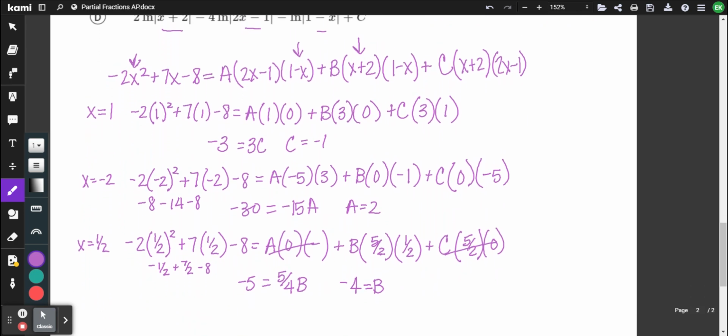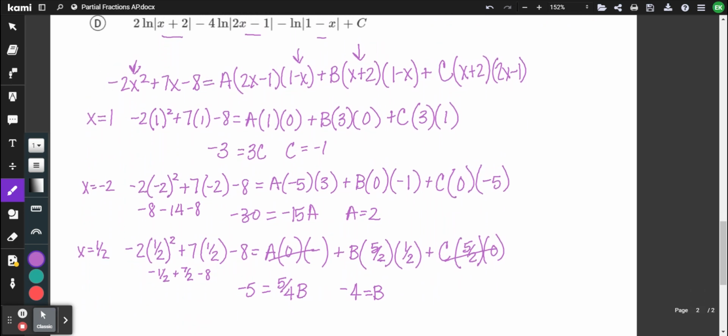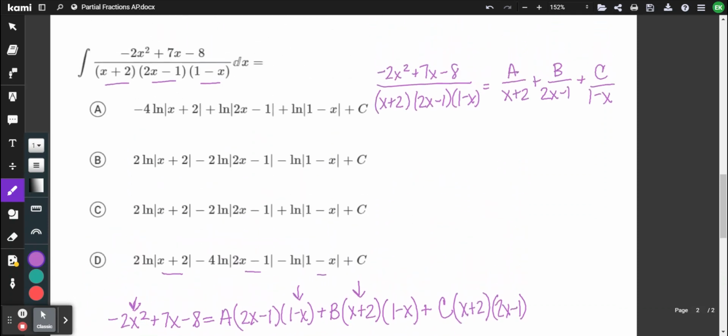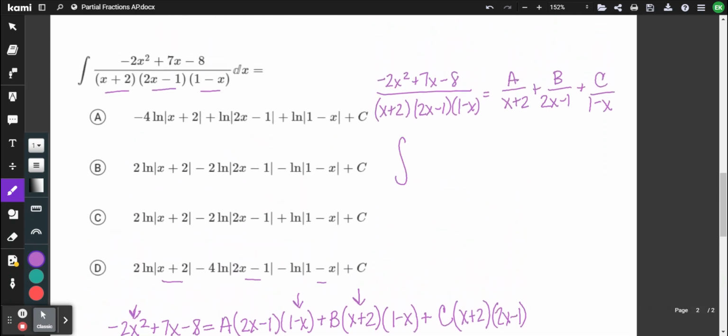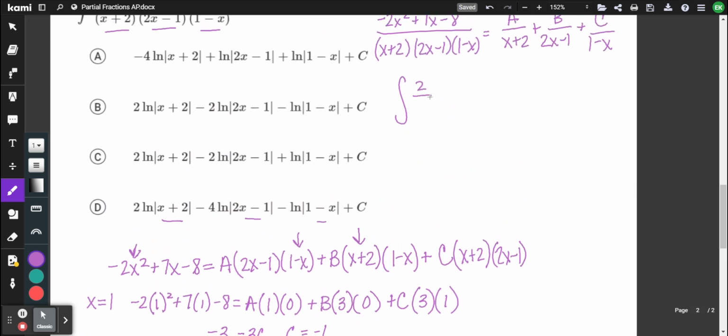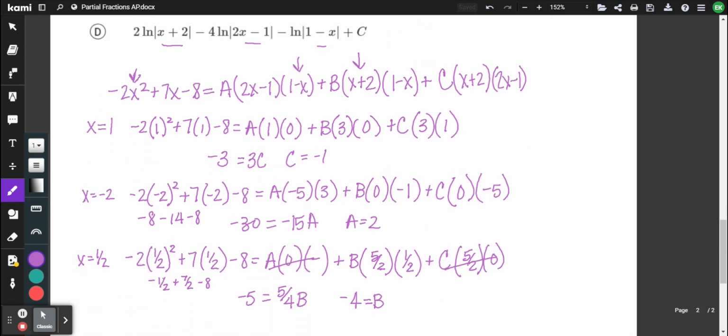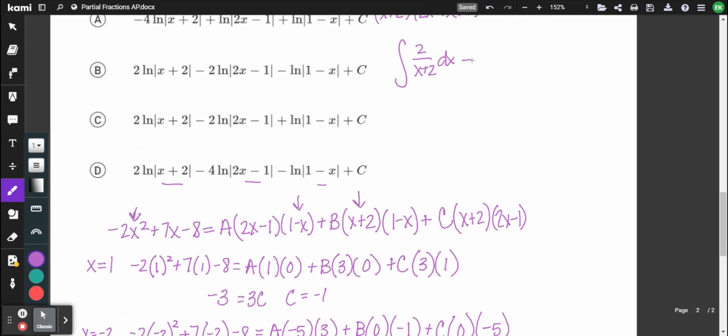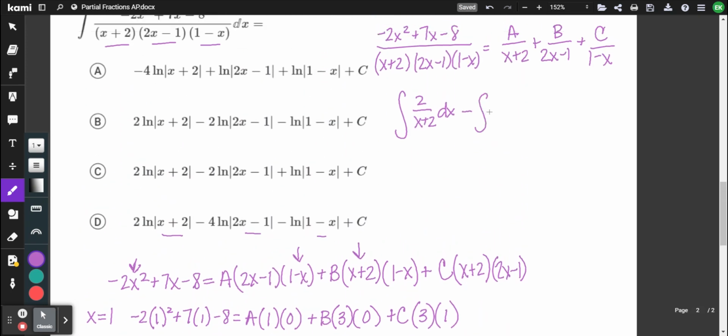So let's plug these back in. So we know A is 2, B is negative 4, and C is negative 1. Okay, so I'm going to have the integral of 2 over x plus 2. And then B was negative 4, so minus the integral of 4 over 2x minus 1.